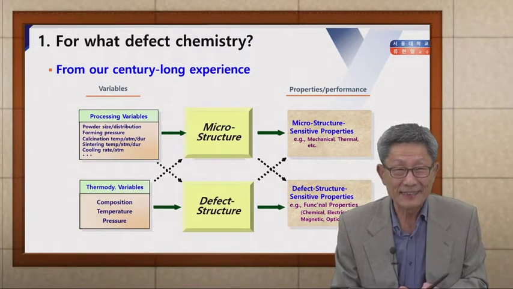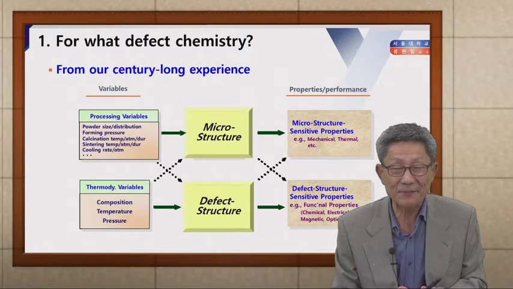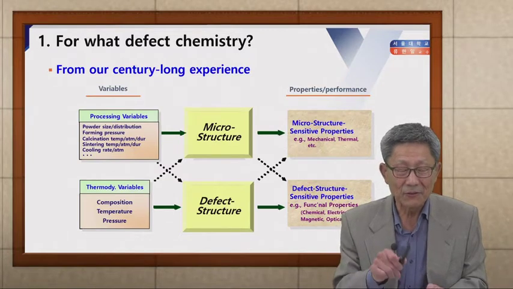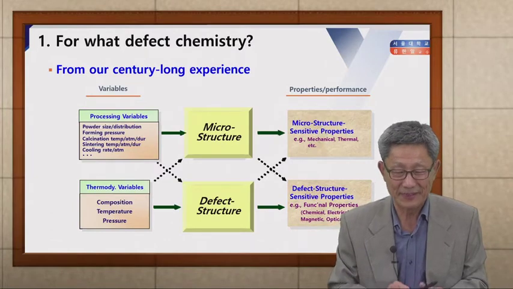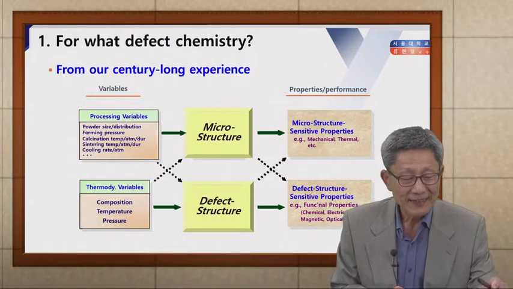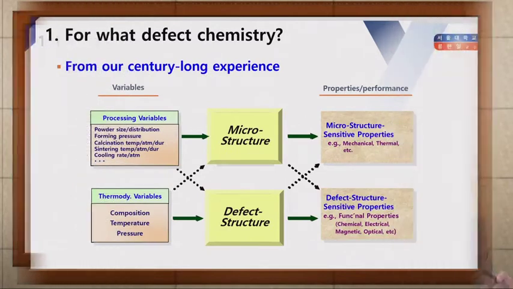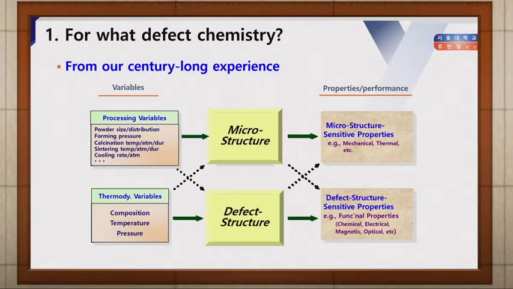Looks hopeless. But from our century-long experience, now we know what occupies this black box. We know how it works. Actually, even though there are so many variables, we can sort out, number 1, thermodynamic variables, which are composition, temperature, and pressure.